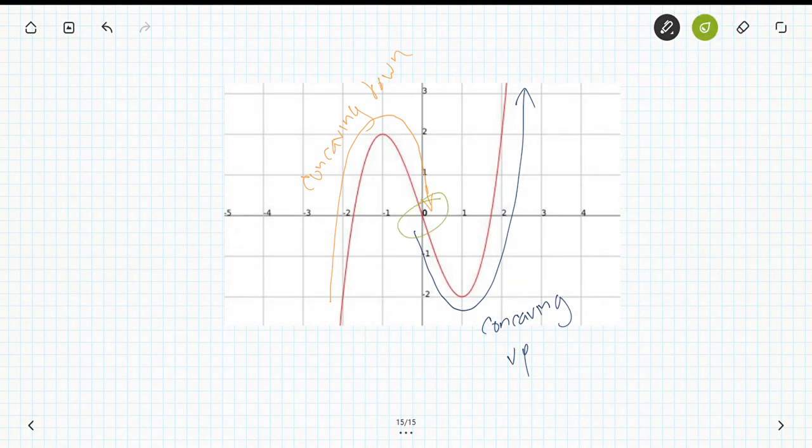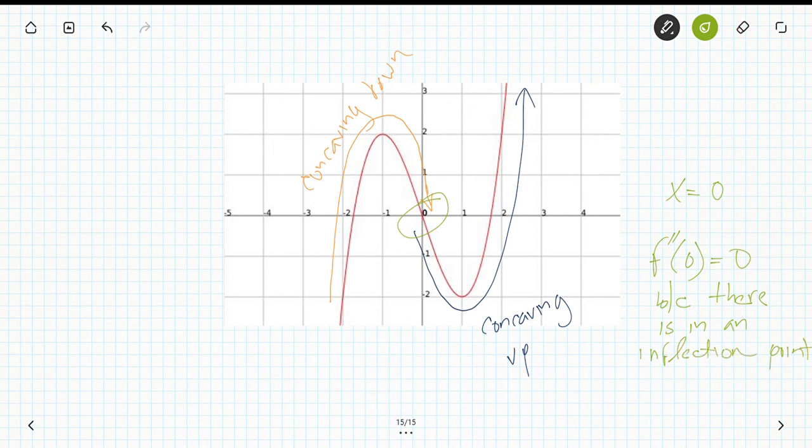That is the special zone where you switch from concaving down to concaving up. So I'm going to say that x equals 0. There's a switch in behavior, so f double prime of 0 is 0 because there is an inflection point. By definition it is a point where the function switches concavity.